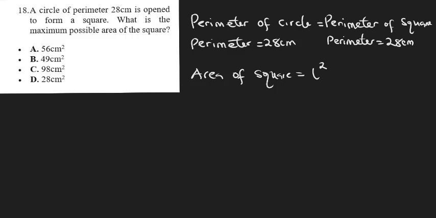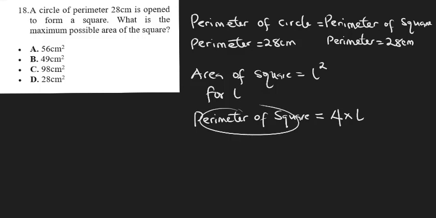So to find L, we know that the perimeter of a square is given by 4 times L. That's 4L, right? And this perimeter of the square has already been given as 28 centimeters.